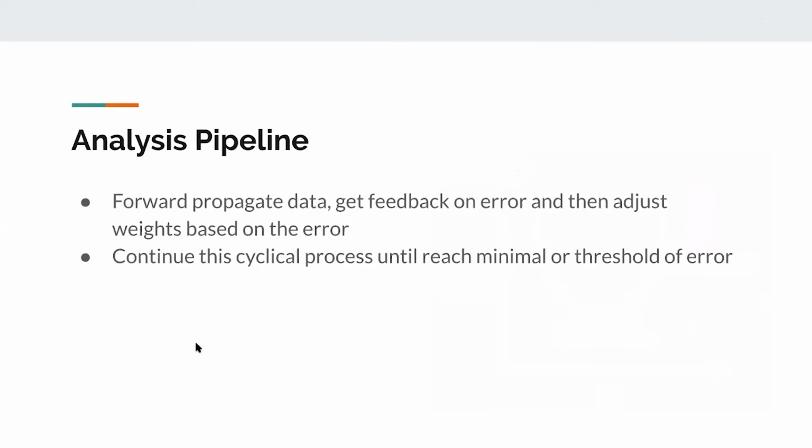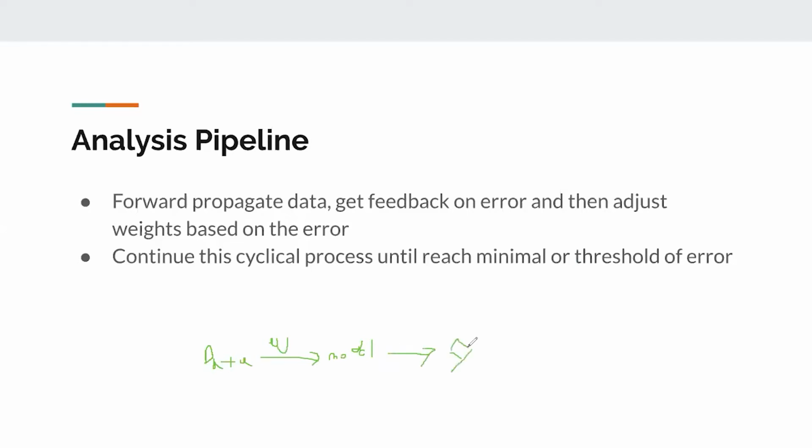Okay, so the analysis pipeline. Why don't I draw this? You take data, you feed it to the model, with weights, so say W is the weights, and then you get predictions, let's call it Y hat.